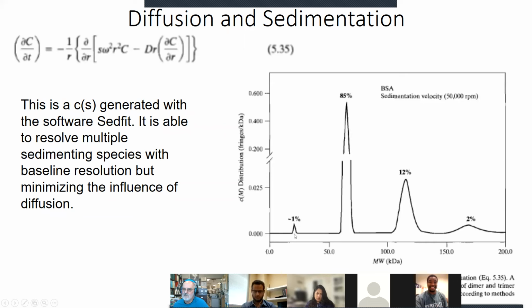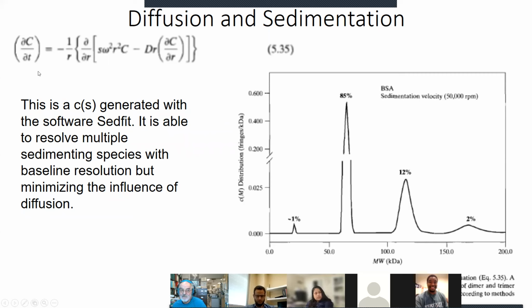I'm not sure what it is. It looks like it's running at about 25,000, so it's some kind of cleavage product. You would think if there was this, there would be another part of a chain. It's not exactly half of this, but it's allowing you to see that it's a mixture of stuff.